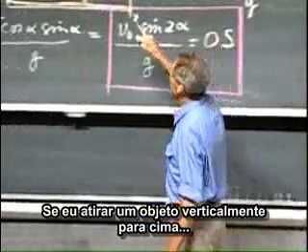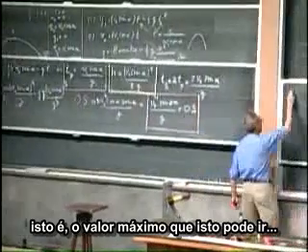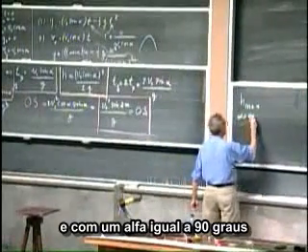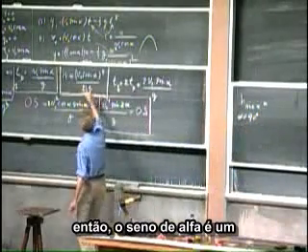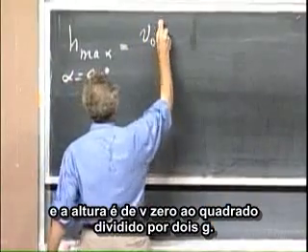If I shoot an object vertically up, that is the maximum value that it can go. So when alpha equals 90 degrees, then the sine of alpha is 1, then the height is v0 squared divided by 2g.